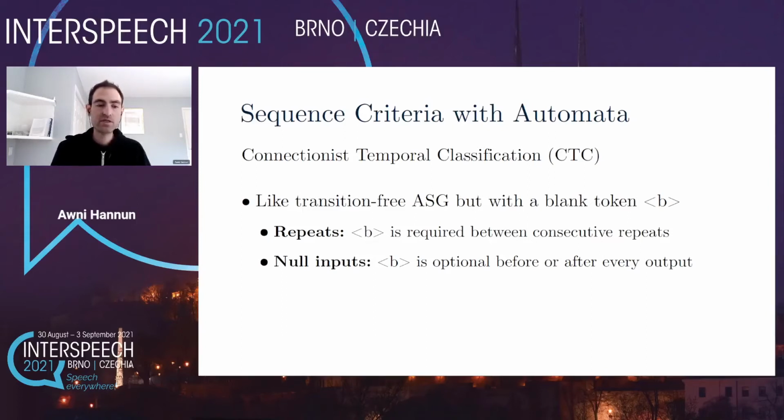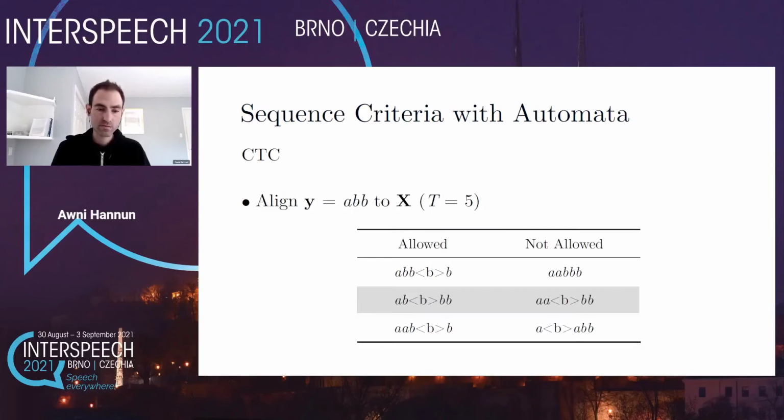And in alignments, you're allowed to have any number of blank tokens in between or at the beginning and end of any of the output tokens. So let's say I have the output sequence y equals ABB, and I have an input sequence of length 5. On the left, you see 3 examples of allowed alignments, and on the right, you see 3 examples of not allowed alignments.